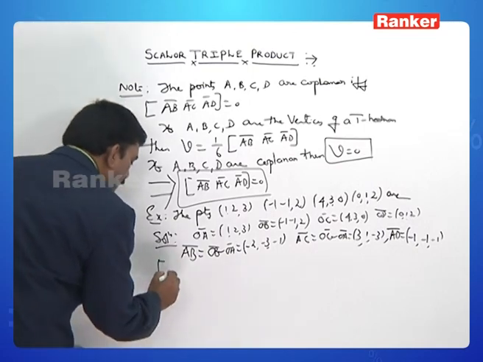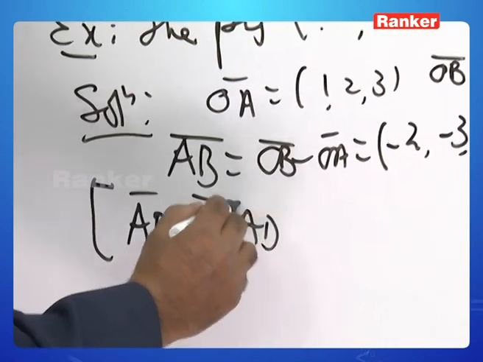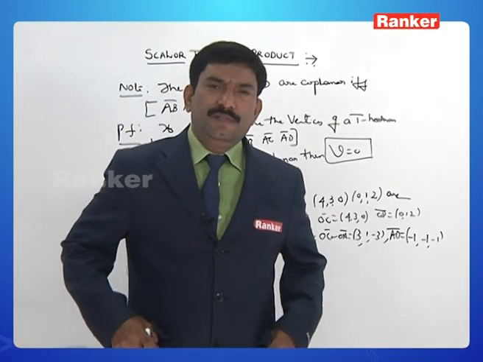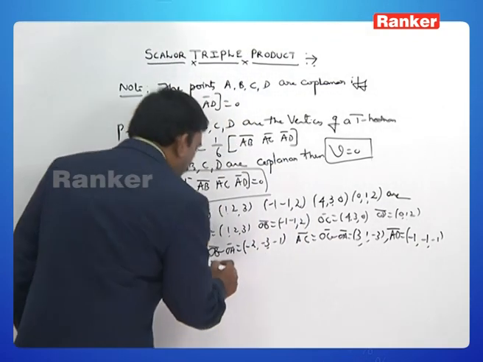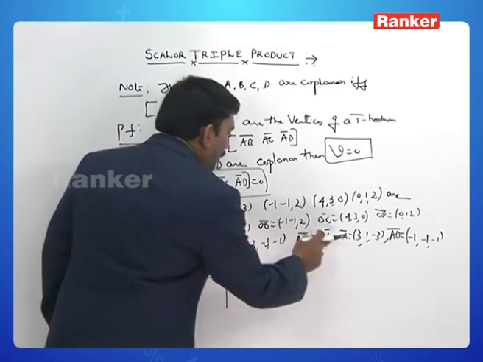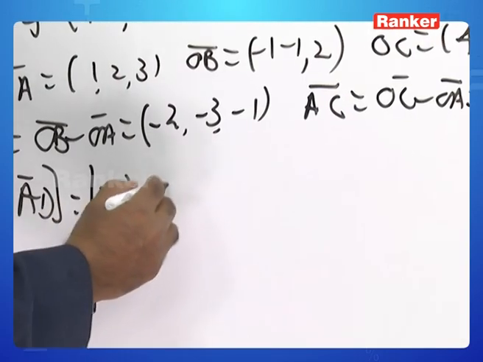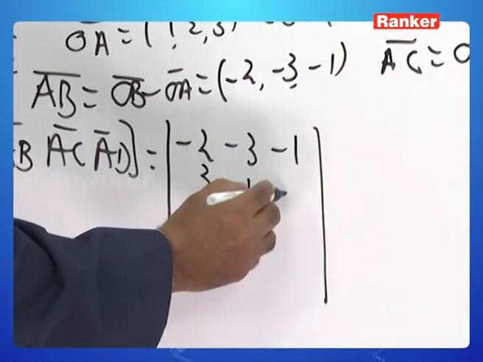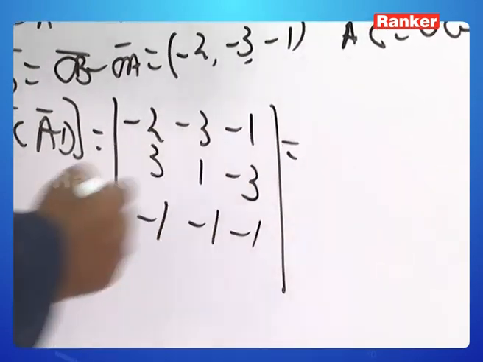Now you find the box of AB bar, AC bar, AD bar. They are in terms of i, j, k, so I can write this as minus 2, minus 3, minus 1; 3, 1, minus 3; minus 1, minus 1, minus 1.